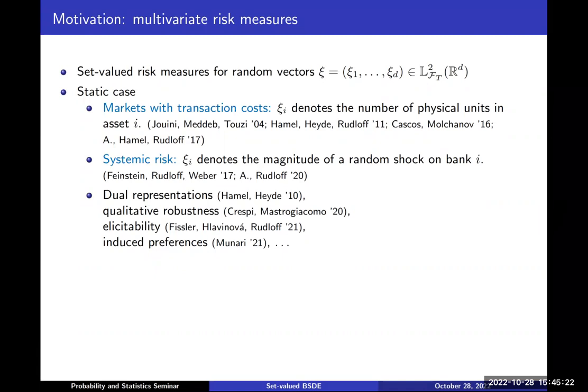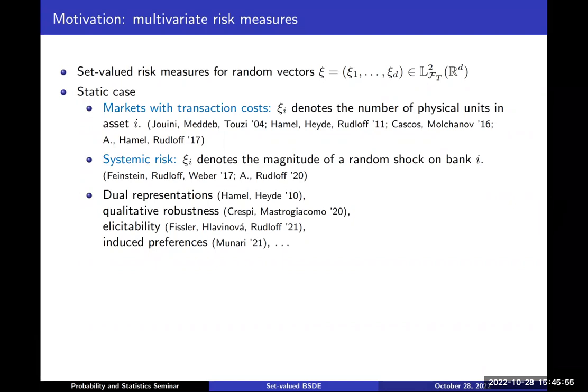So what is called a set-valued risk measure, defined on L2 of R^d, d-dimensional random vectors. So if you look at R0 of C, this is some sort of an unbounded set with a boundary, and you are usually interested in calculating or characterizing the boundary of this kind of set. So this is called a set-valued risk measure.